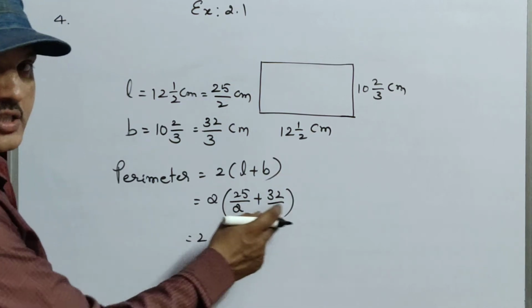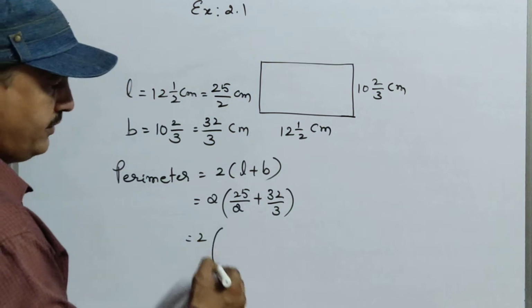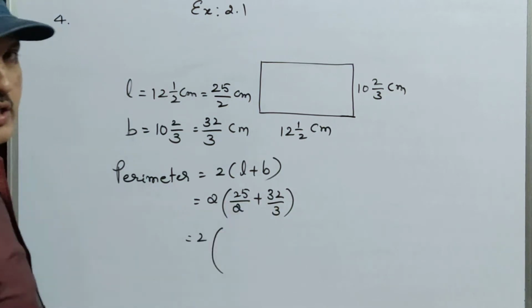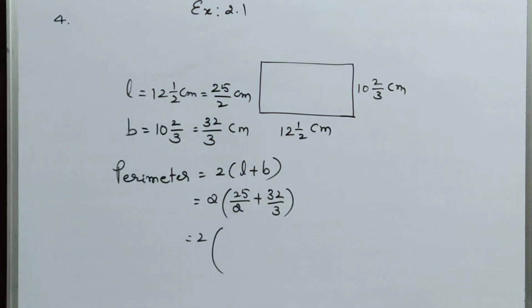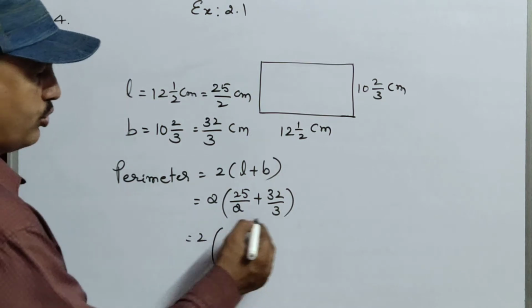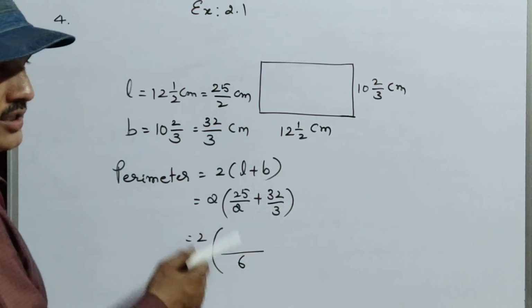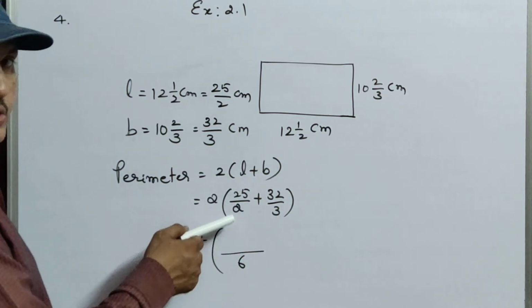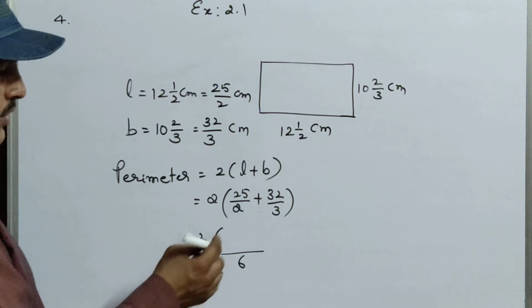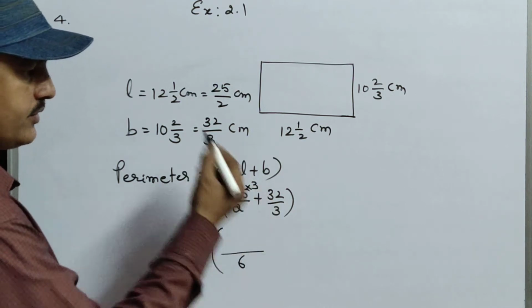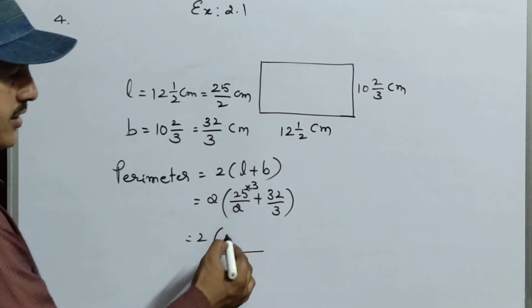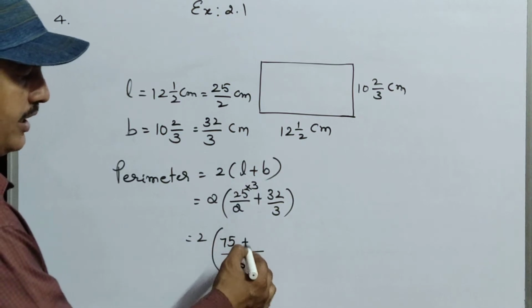First, simplify what is in the bracket, children. Here the denominators 2 and 3 are not the same, so we have to take the LCM. 2 into 3 is 6, the LCM. Now 6, how many times? 3 times. So 25 3s are 75, plus.